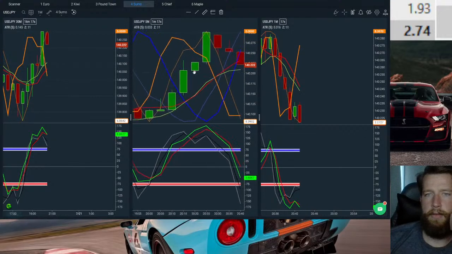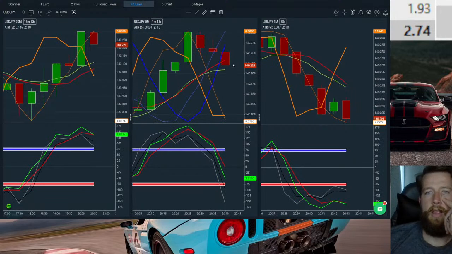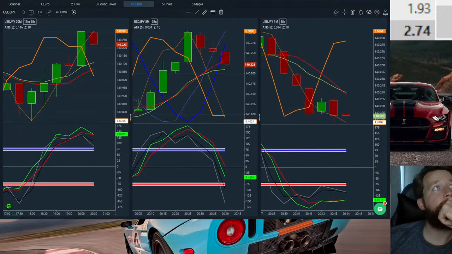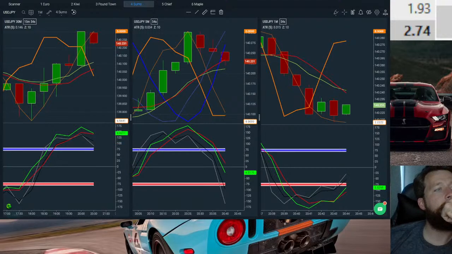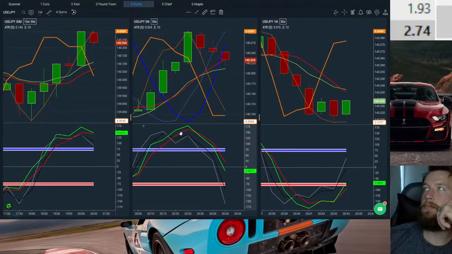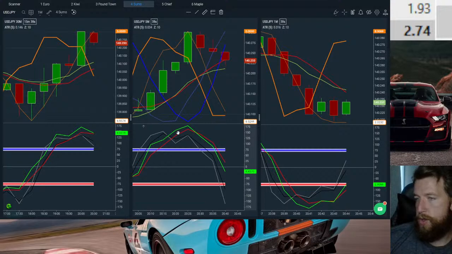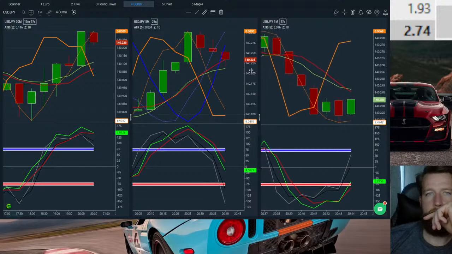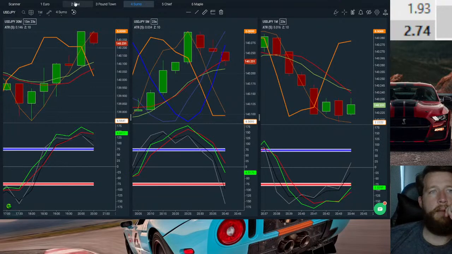Assuming that we just don't bounce off or if it doesn't just slam through, then it tends to move pretty sideways. It's just not moving.